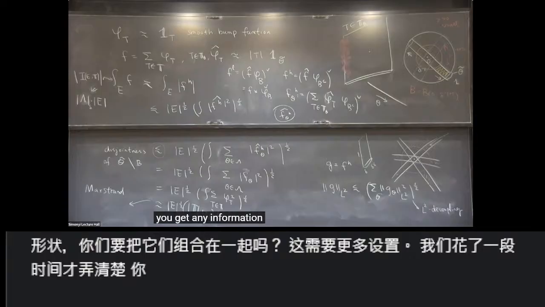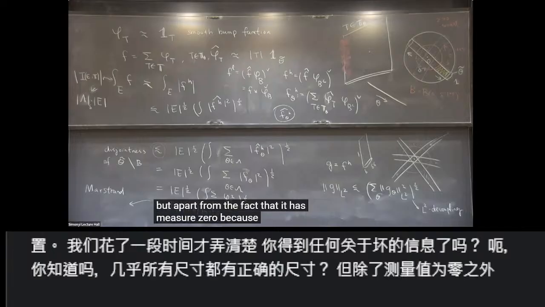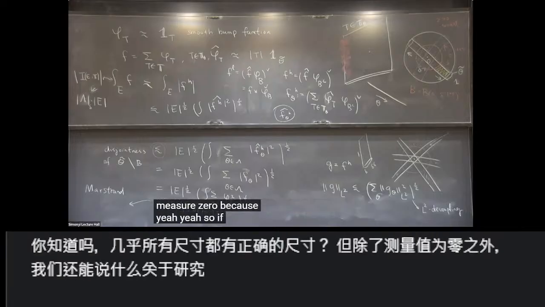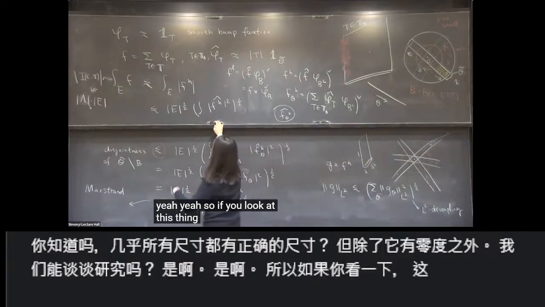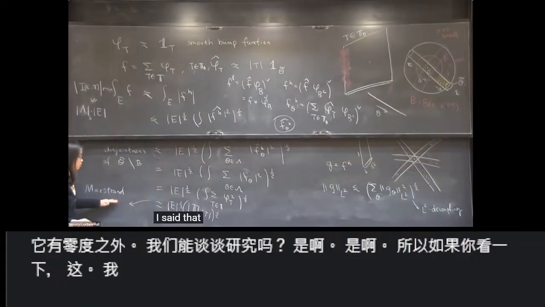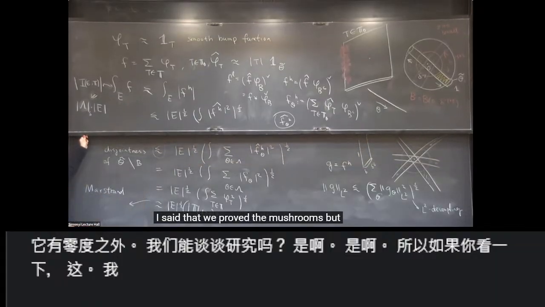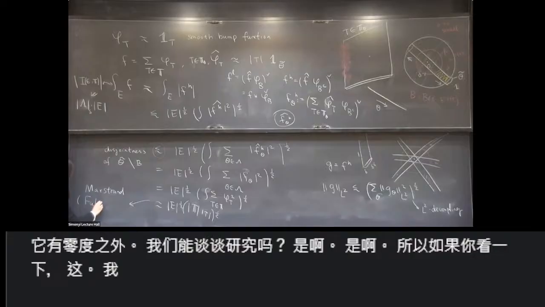Do you get any information on the set of bad theta? Do you have the correct Hausdorff dimension for almost all, but apart from the fact that it has measure 0, can you say anything about the exceptional set? Yeah. Here I said that we proved the Marstrand inequality, but in reality we proved some kind of exceptional set estimate, like Orponen's exceptional set estimate.